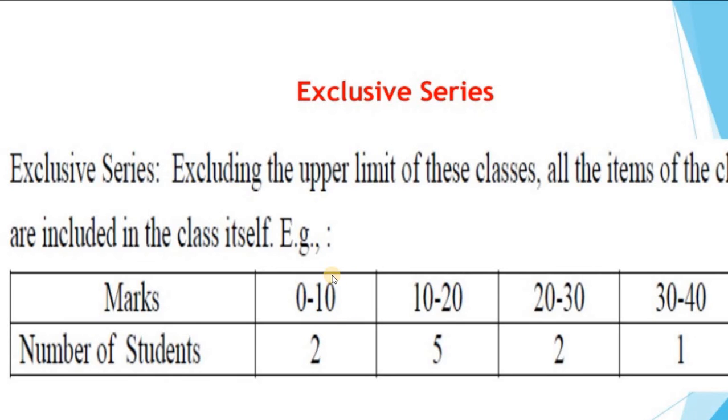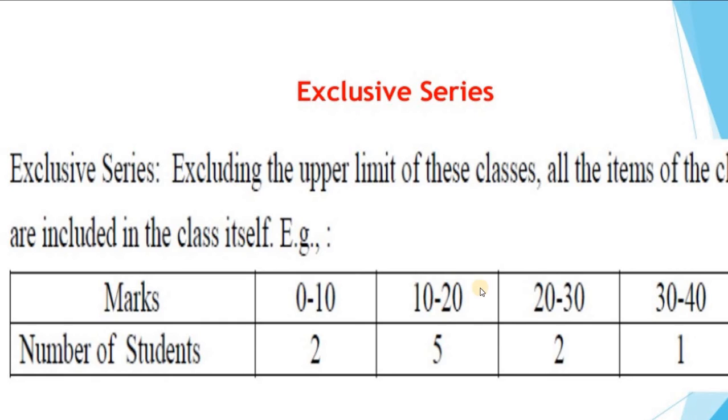Suppose we are taking 10 students' marks. One student's mark is 9, another student's mark is 10. Then in which class will we include 10? We will include this 10 in the next class. That one is the exclusive class.